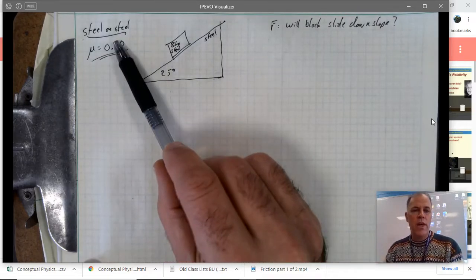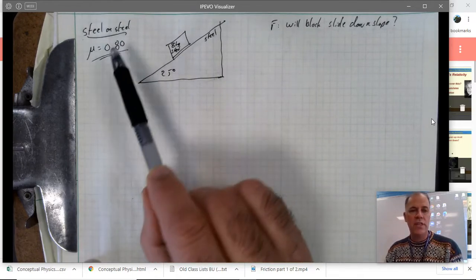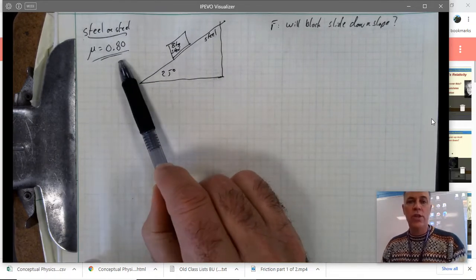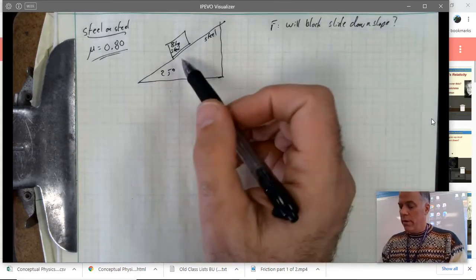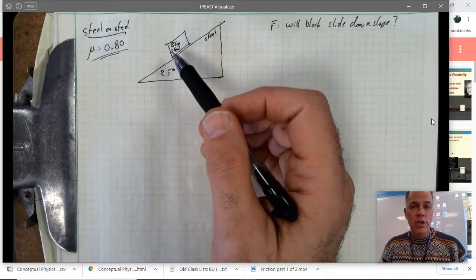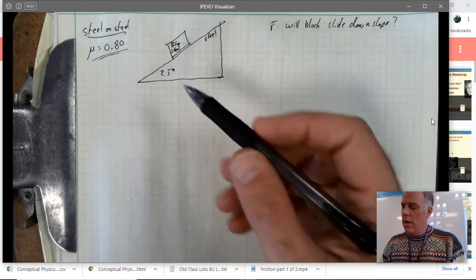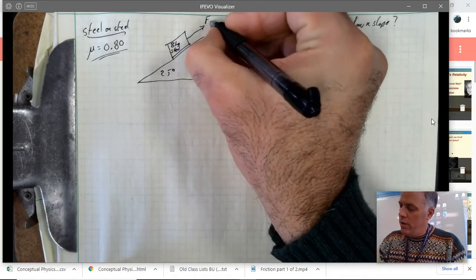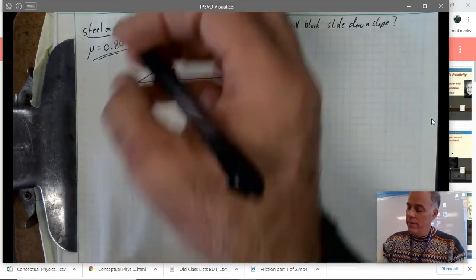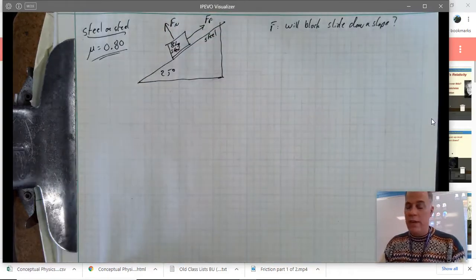So we look on page 138 and we see that the coefficient of friction for steel on steel is 0.8. So we will be using that. Okay, so this uses the skill that you've been doing with figuring out components of weight on a slope. What we're concerned with is the force of friction, which works up the hill, and the normal force, because we need that to feed our equation.